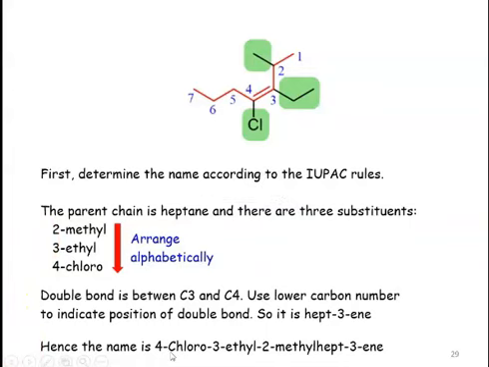Now, you have to notice one thing. When we talk about IUPAC nomenclature, there lies a dash between the number and the alphabet. The first word starts with a capital letter, whereas the rest of the things will start with small letters only.